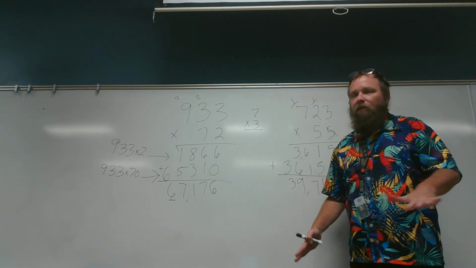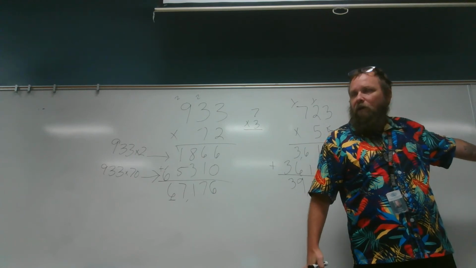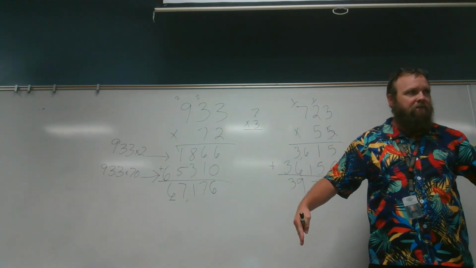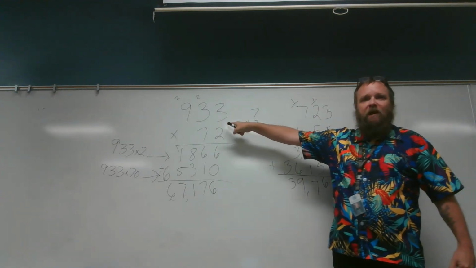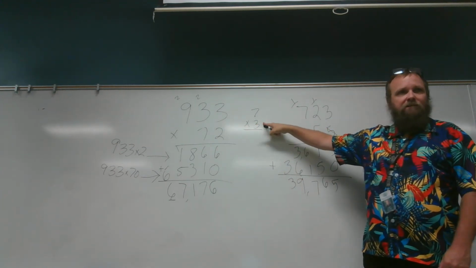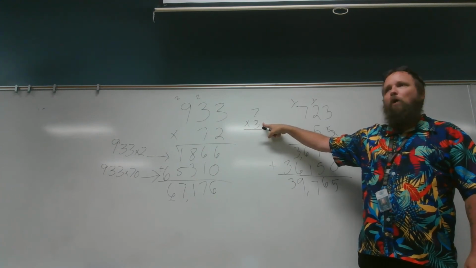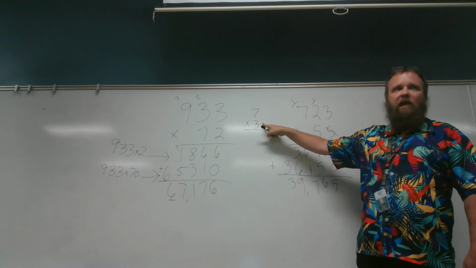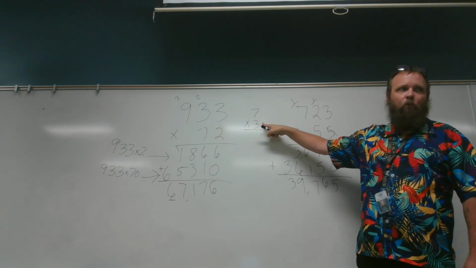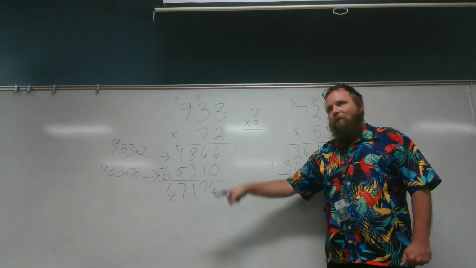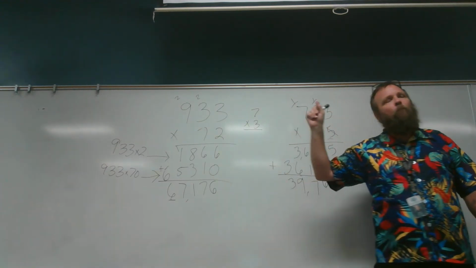Or if I said, walk to the cafeteria, is that any harder? No. There are just more steps. There are just more steps in this than there is in this. It's not any more difficult. You don't have to walk differently to get to the cafeteria than you do to get to the window.